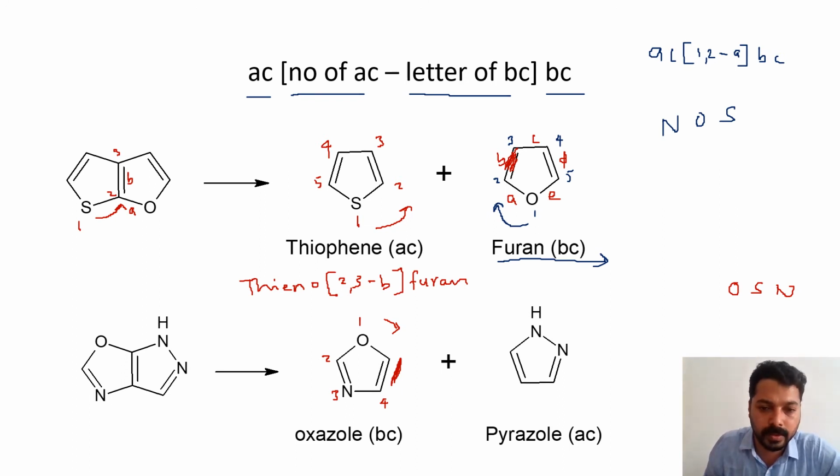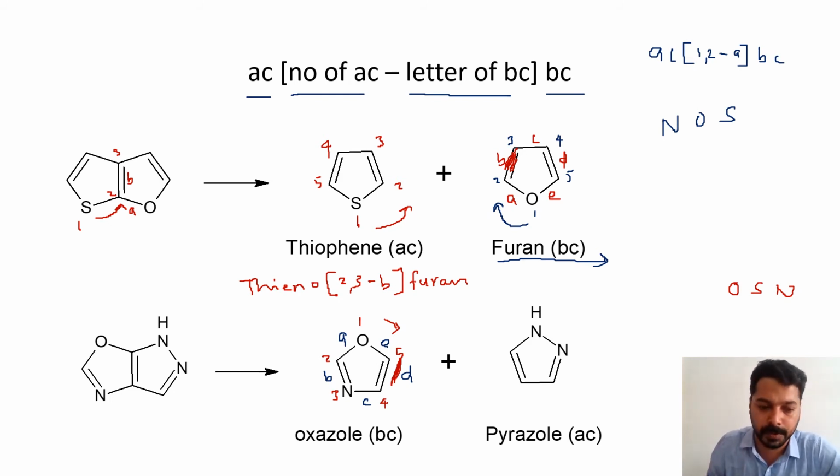If you write the alphabets, this will be A, this will be B, this will be C, and this will be D. The fused bond will become D. This will be E. Next thing we have to do is number the attached component.